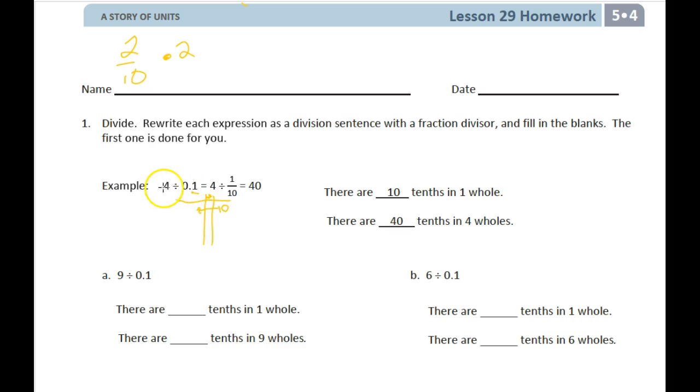In order to have 4, and I'm breaking it into tenths, that's 1, 2, 3, 4, and each one of these is a whole. How many are here? 10, 20, 30, 40. So there are 40/10 in 4 wholes. There are 10/10 in a whole, so therefore there's 40/10 in 4 wholes.